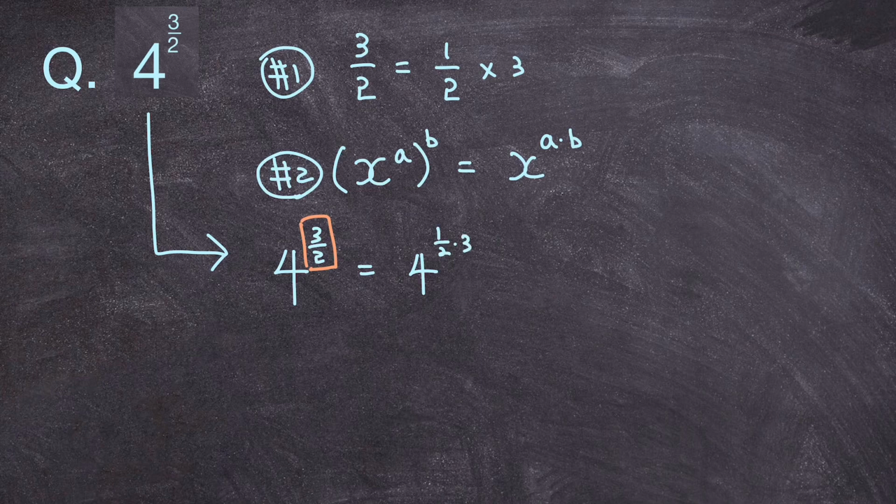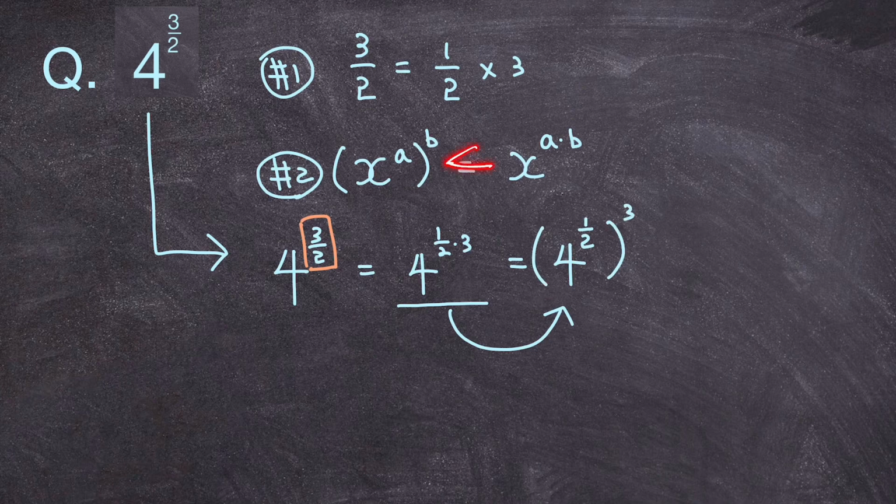And then, since x raised to the power of a times b is equal to x raised to the power of a, raised to the power of b, I'm going to rewrite this thing as 4 raised to the power of 1/2, whole thing raised to the power of 3.